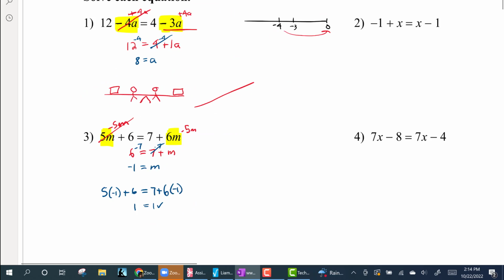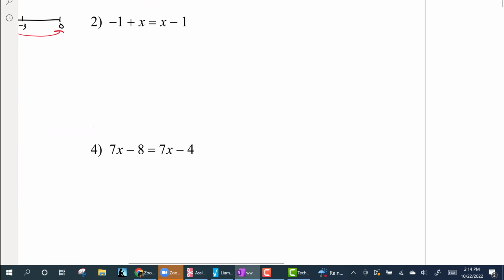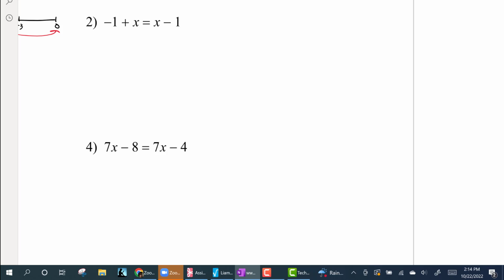All right. Now we're going to come over here. And this should be short. Assess what you're doing. Look at what we have. We have a positive x and a positive x, and a negative 1 and a negative 1. These are the same. They're out of order. They did the commutative property, but negative 1 plus x means negative 1 plus x.